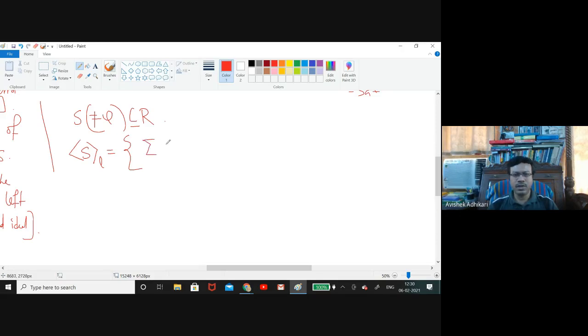So that should be some summation of R_i S_i, i equal to 1 to n, plus summation of N_j S_j, j equal to 1 to k. If you want, do not use i, you can put it j.